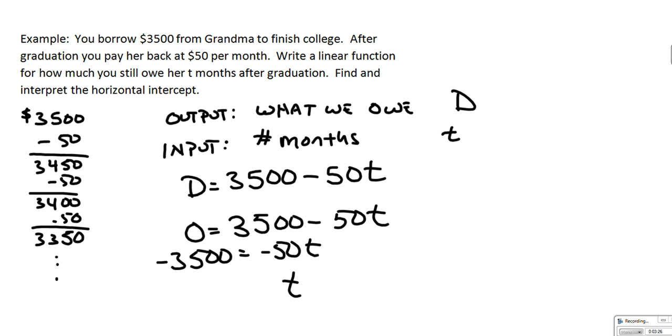Solving the equation, we end up with 70. It will take 70 months to pay off the debt. Always with application problems, finish the problem, think about what units are involved, answer in terms of the problem, including units. See if everything sounds reasonable.